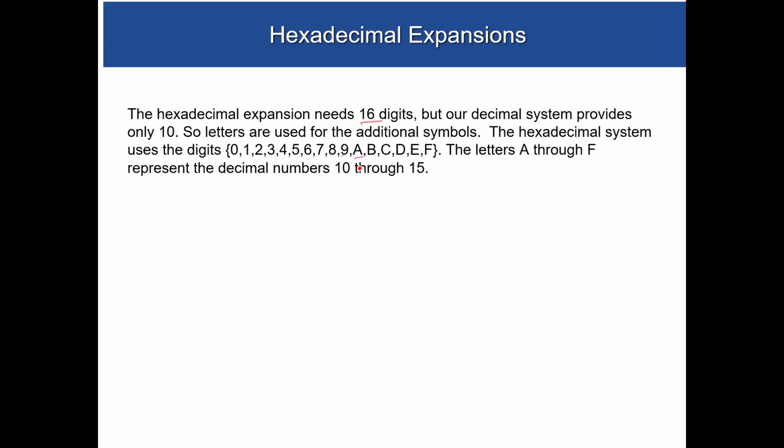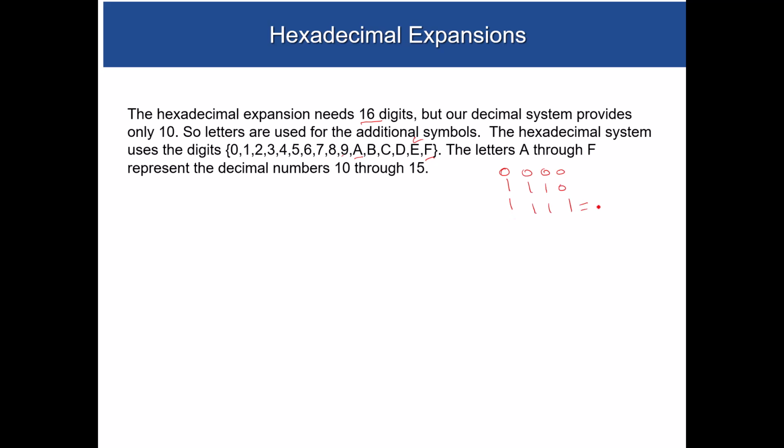The motivation for having this base is that any digit based on 16 can be represented using 4 digits. So for example, 0 we can write this way. This is 0. 14 can be written as 1 1 1 0. 15 can be written as 1 1 1 1.